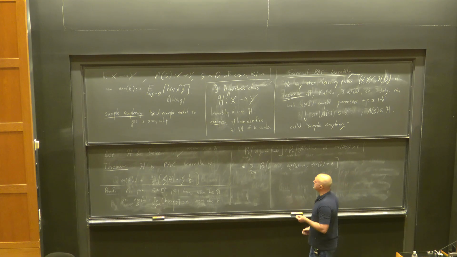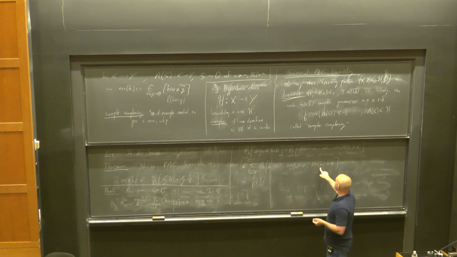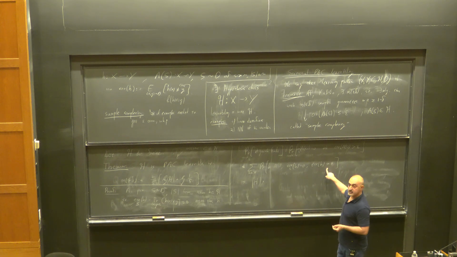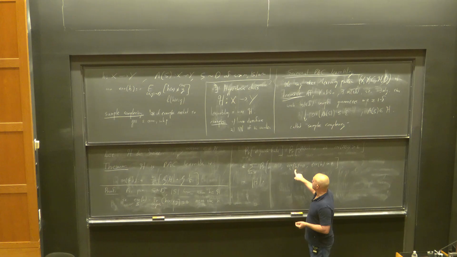So this is equal to, I have here the cardinality of H. Now, the error of this h is bigger than epsilon. But what's the chance it will make no error on the sample?